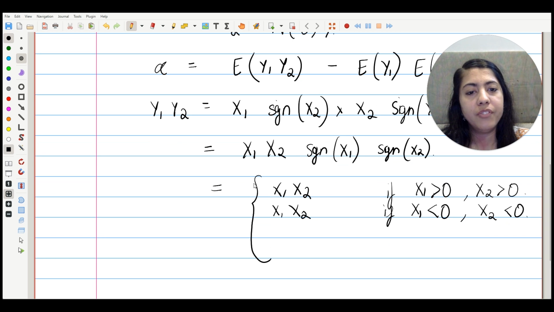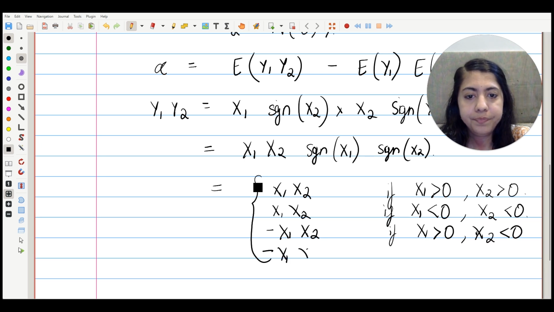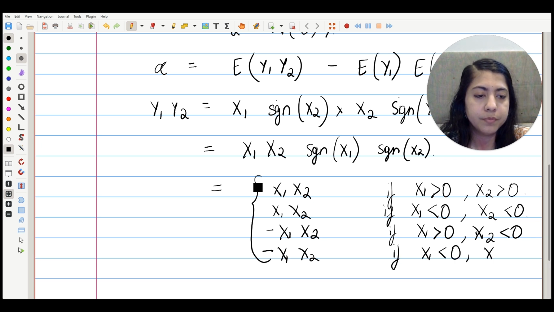And if these values are different, that means x1 is negative and x2 is positive, or the other way around, this value will be negative, minus x1, x2. Now, taking expectation on both sides, we have to find the expectation over all these quadrants.